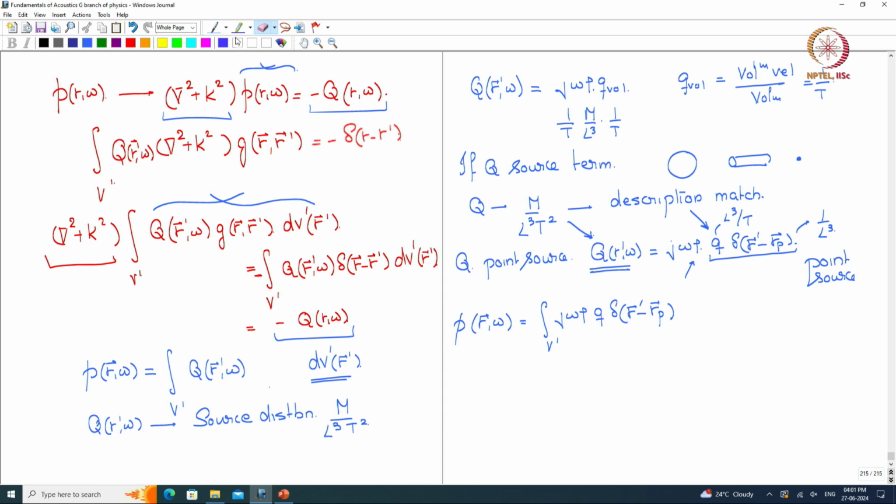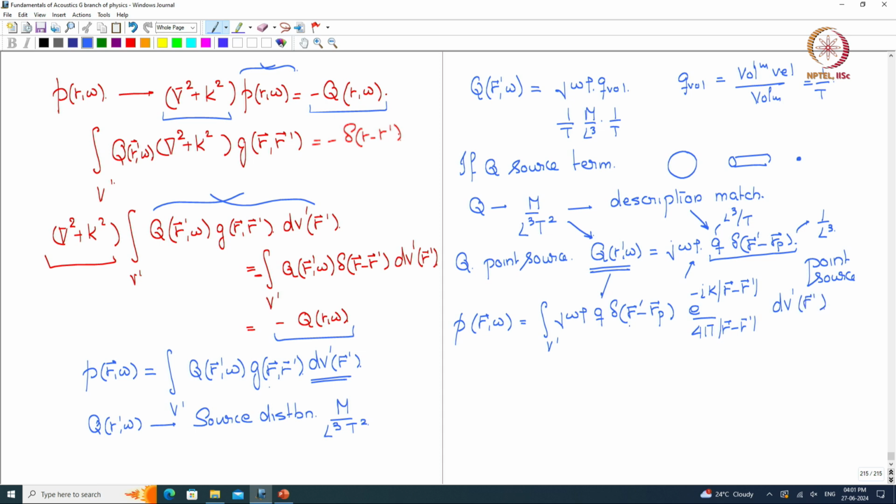This should be g of r comma r'. So now I have q, then g(r, r') is e to the power of minus j k |r minus r'| by 4 pi |r minus r'|, into dV'(r').